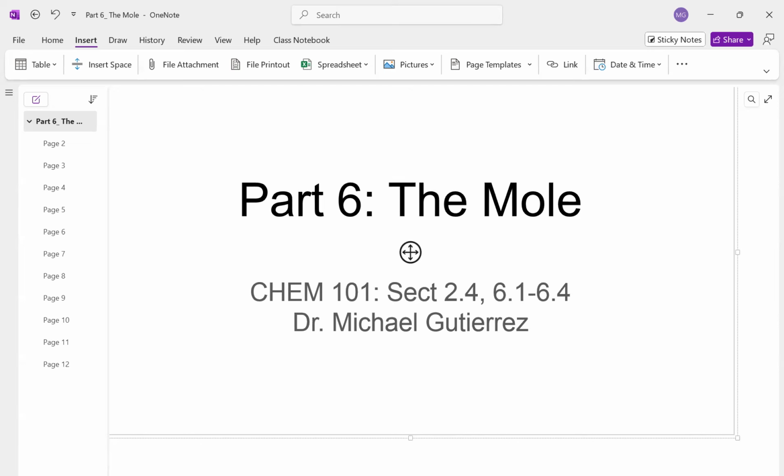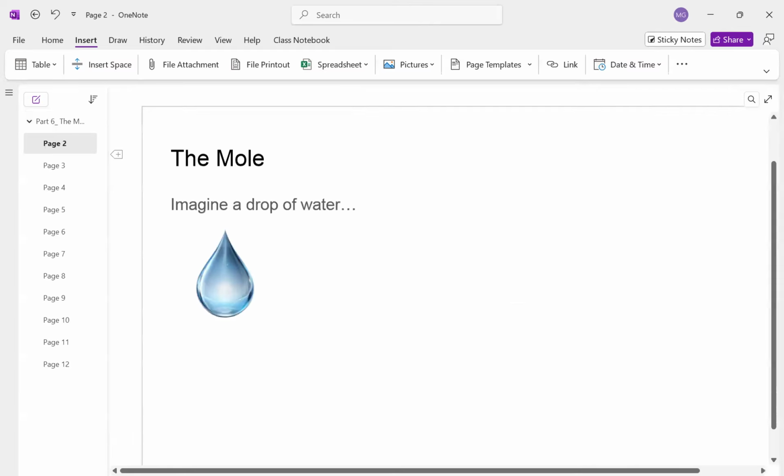And I'm not talking about a growth on the skin or a little burrowing animal. The mole is something that we use to help us quantify and organize a large number of things like atoms or molecules. So I want you to imagine a drop of water.